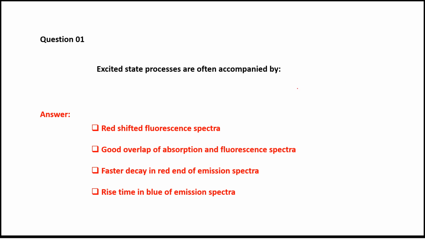So basically, what we want to know is, say for any system, this is the ground state, say S0. Now say after irradiation of light, suppose this system reaches a higher excited state, say S1.